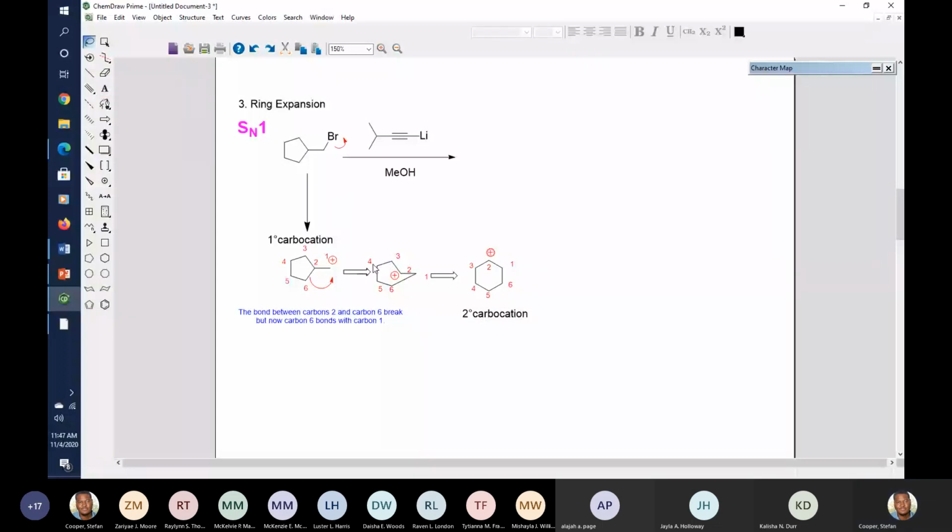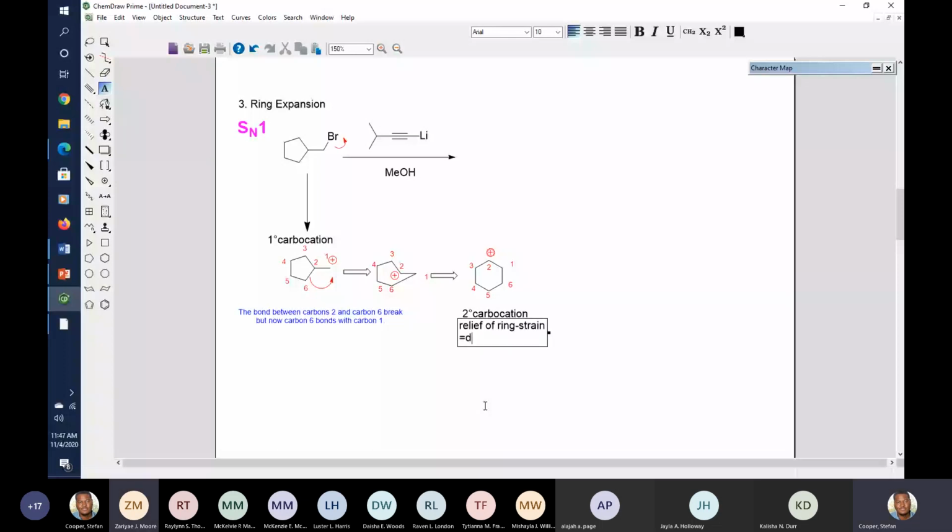You guys remember that? Ring strain. And the 6-member ring we say has no ring strain. So driving this is the relief of ring strain.